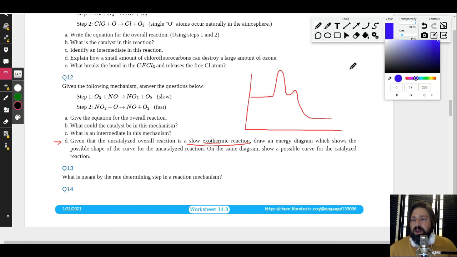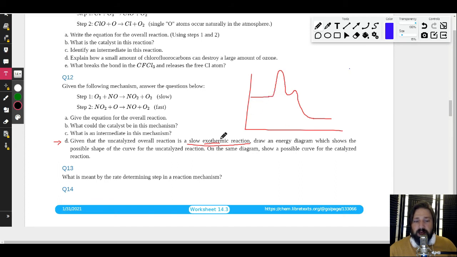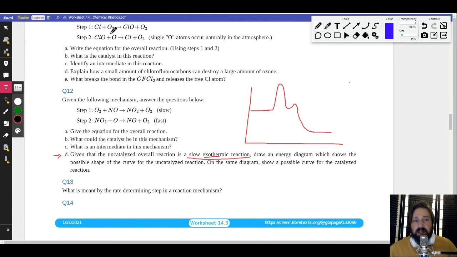If I go through, I'll say blue is going to be my catalyzed reaction. Remember what a catalyst does. Up here, the overall reaction was O3 plus an oxygen radical goes to 2O2, right? This could very well be a different mechanism for it. In this mechanism, an oxygen radical could slam into O3 and make 2O2.